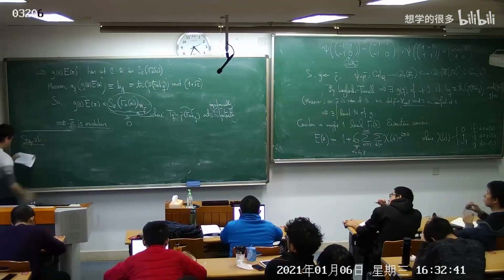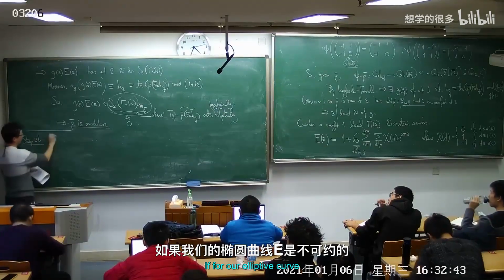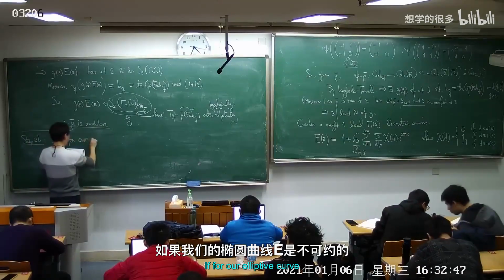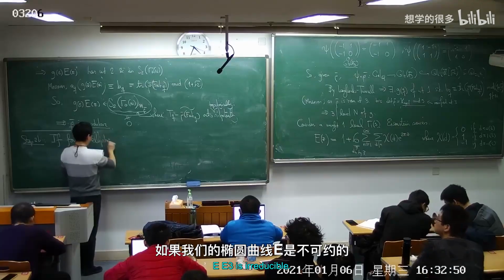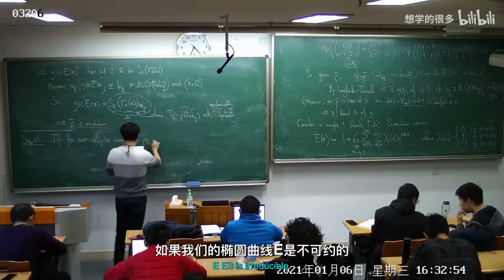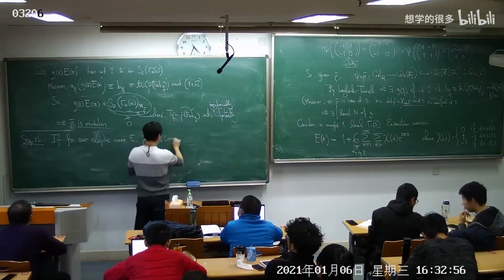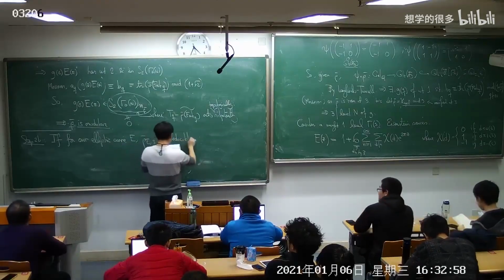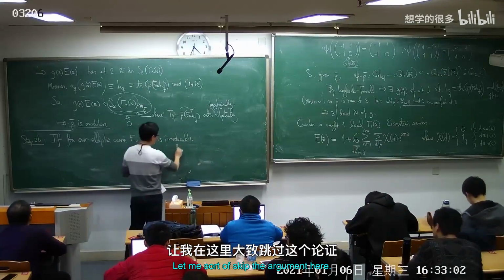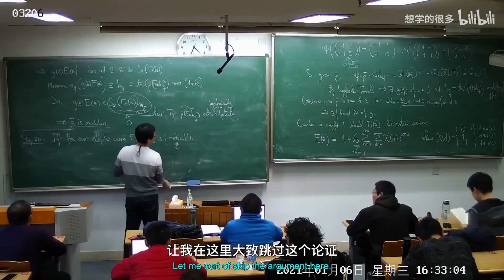Step 2b. If for our elliptic curve E, rho bar E3 is irreducible, let me skip the argument here.